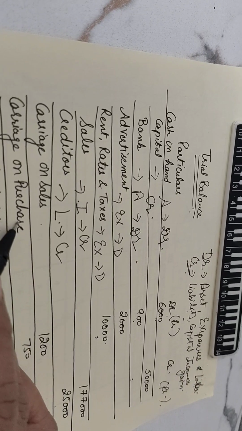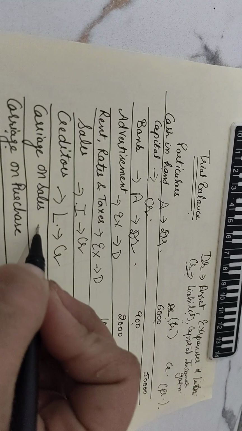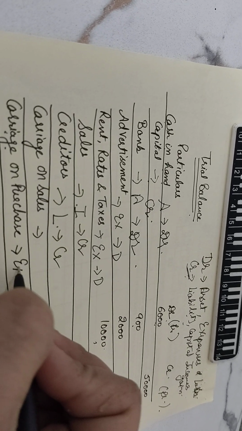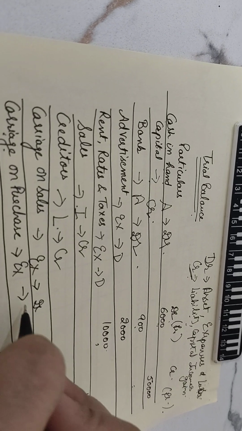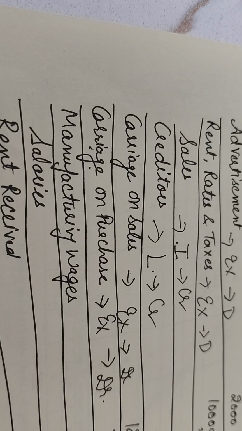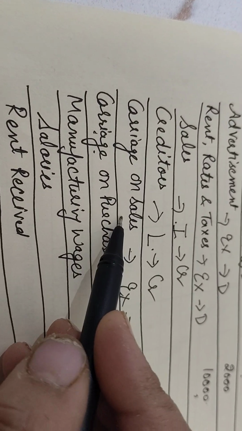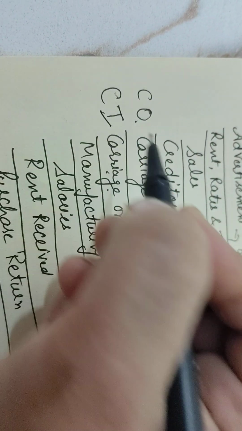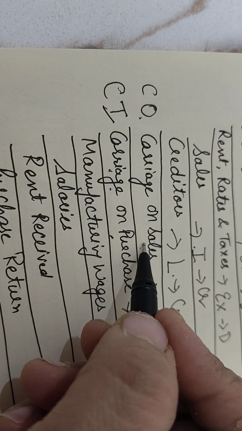Carriage on sale, carriage on purchase. First of all, when we say carriage itself, it is an expense. Whether on purchase or on sale, it would be debited here, right? Carriage on sale is carriage outward, and carriage on purchase is carriage inward. This is your direct expense, this is your indirect expense.